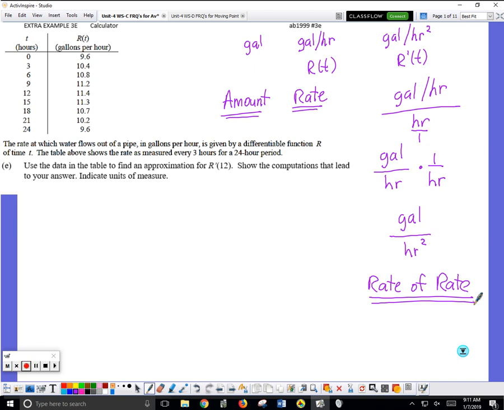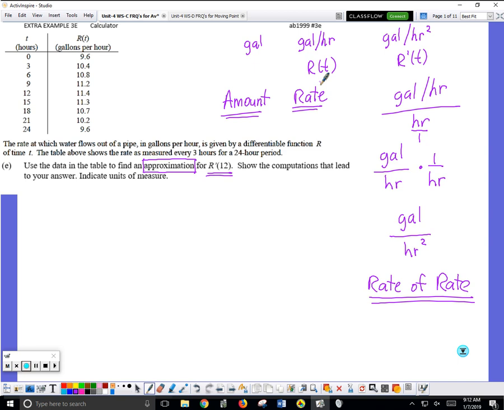And here's the question. Use the data in the table to find an approximation. As always, you have to read really slow. So I'm approximating something. Approximating R prime of 12. So I'm supposed to take R. So Danica's chart, I'm supposed to start in this column. It's supposed to find an approximation for this, which means I'm supposed to take r and find the derivative of r.